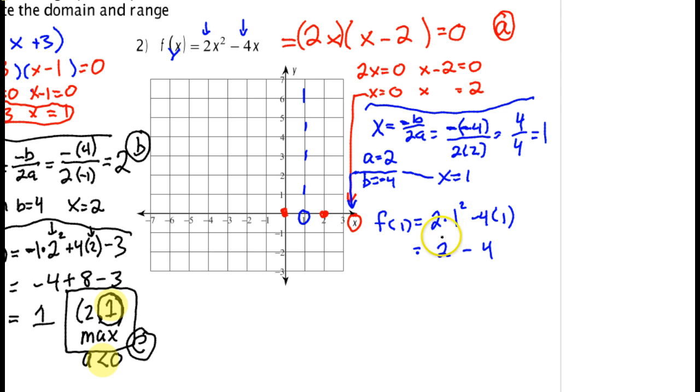Make sure you know why this answer is not 4. Shouldn't this be 4 right here, because 2 times 1 squared is 4? Do you know how I got 2 and not 4? Exponents first, 1 squared, then multiply. We're not doing this from left to right, we're doing order of operations. So we get negative 2. So x is 1, y is negative 2.